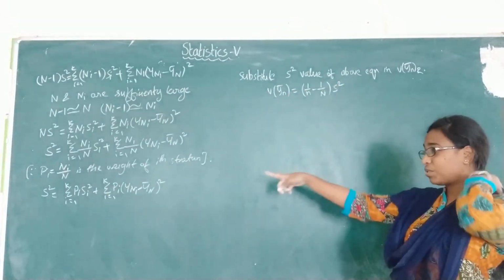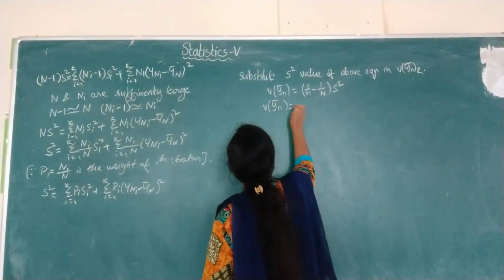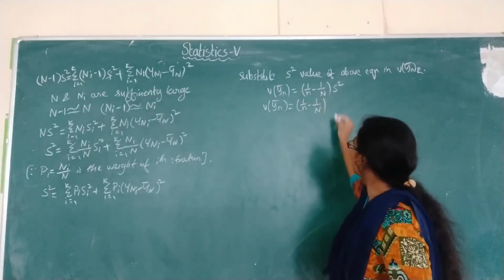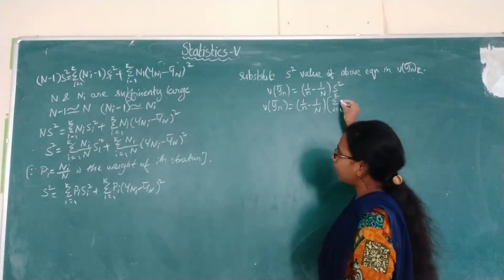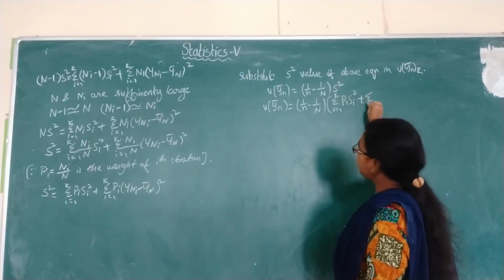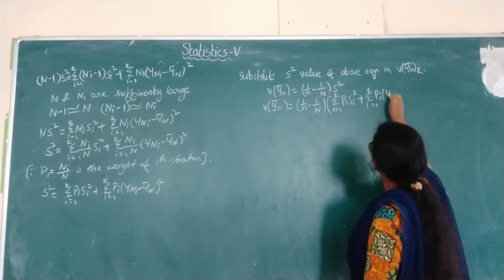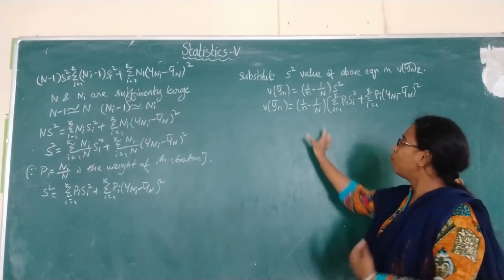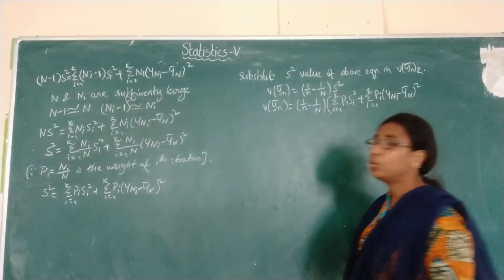Now substitute that s square value. Variance of y bar n equals 1 by n minus 1 by capital N into s square. What is the s square value? Summation over i equals 1 to k pi si square plus summation i equals 1 to k pi into yni minus yn bar whole square. Now multiply 1 by n minus 1 by capital N to the two terms separately.